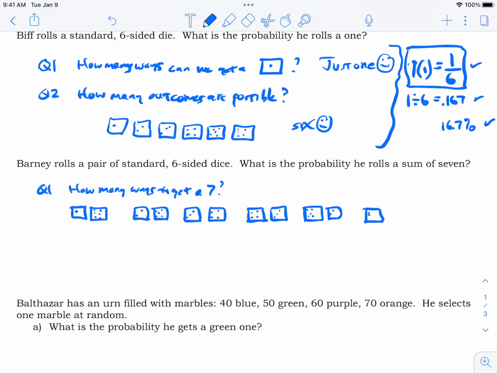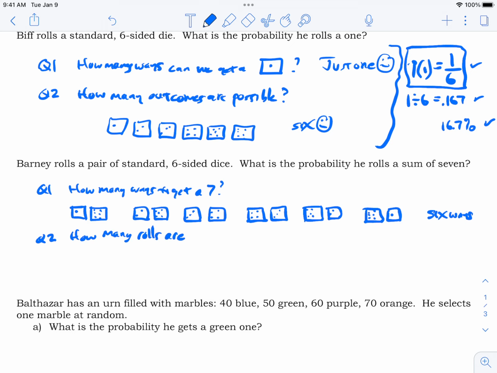Or maybe I got a 6 first and then a 1. So if you count those all up, there's 1, 2, 3, 4, 5, 6. There's 6 ways to do it. 6 ways. Question 2. How many rolls are possible?